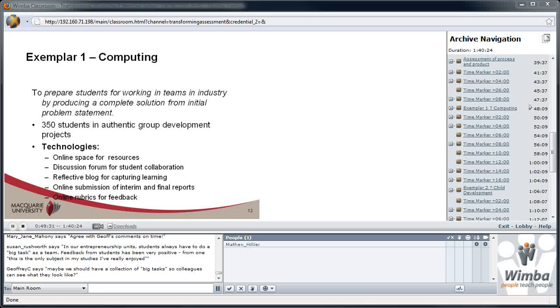She has some great examples, and one of my favourites is a group of mechanical engineering students who, at the end of their capstone unit, have a competition. In this example, they had to make a 10-kilo block of ice get from one side of the lake to the other using only one candle power.